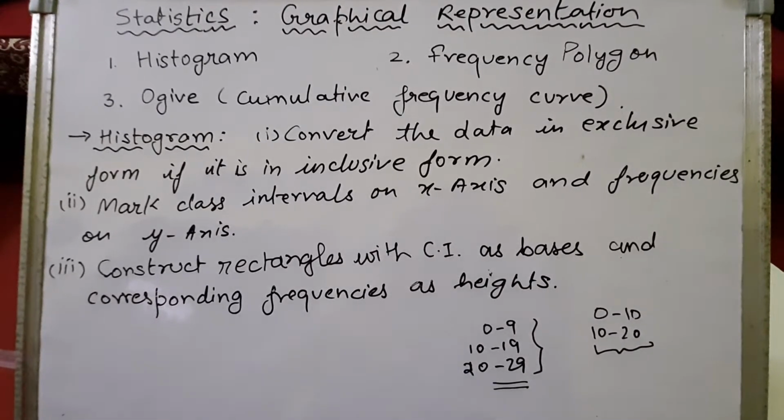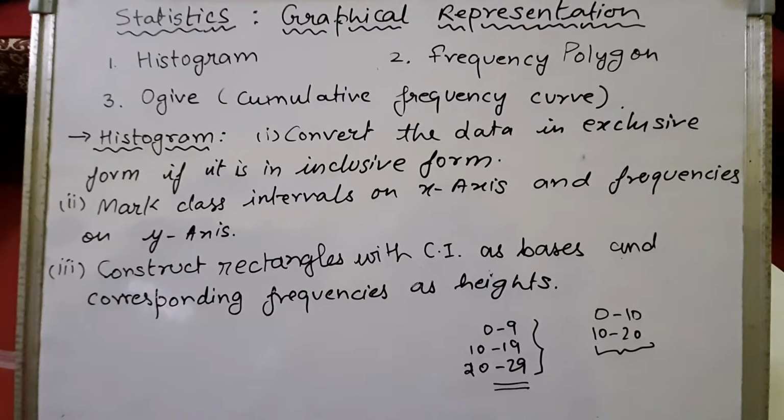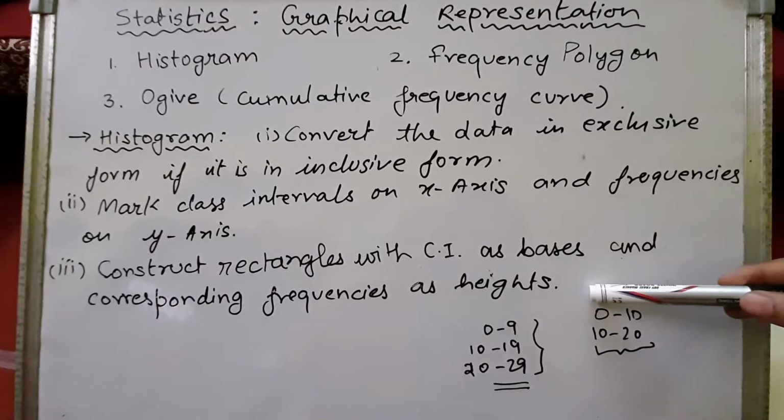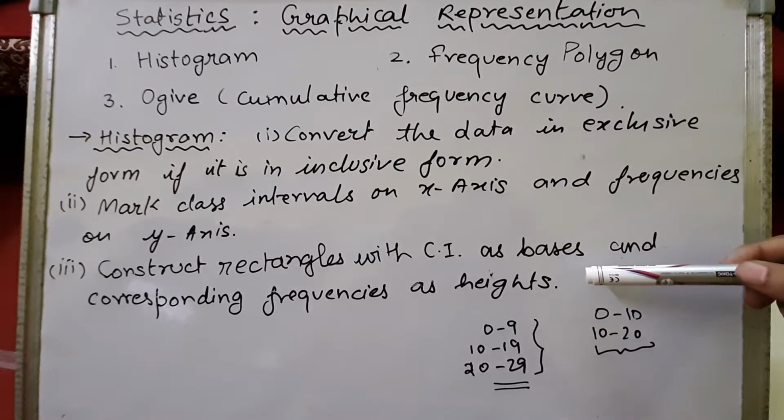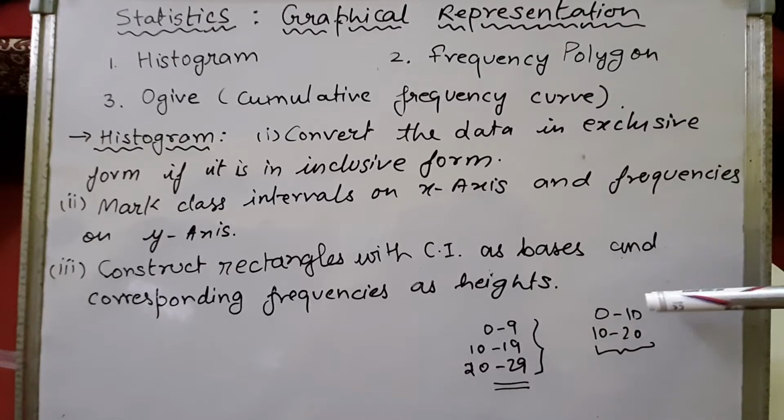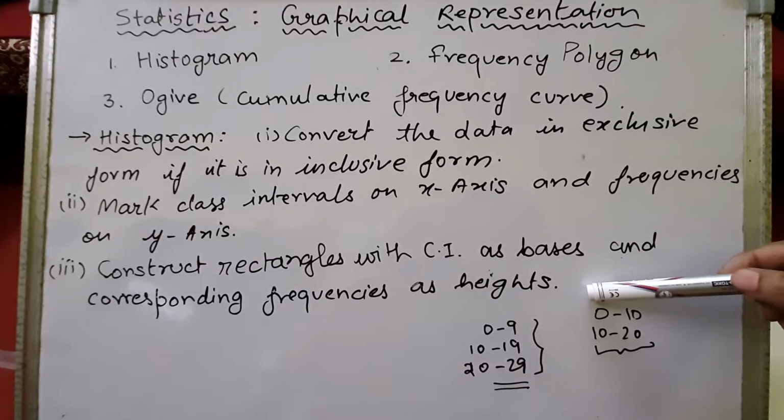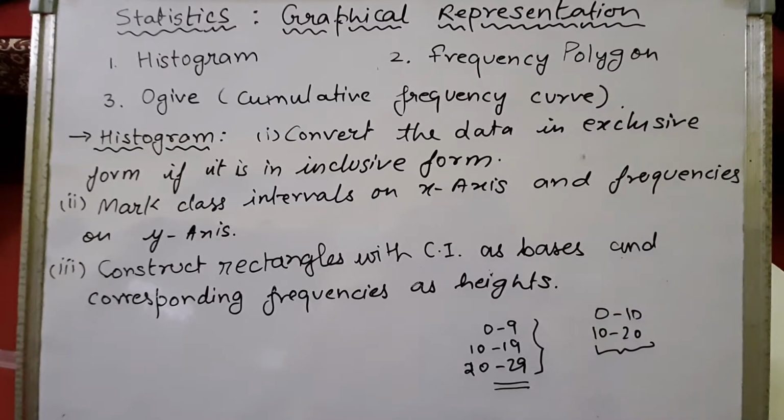We'll be constructing rectangles with class intervals as bases and corresponding frequencies as heights. We will draw the base along the x-axis and height along the y-axis. So frequencies will become the height of those rectangles and class intervals will become the bases of the rectangles. Note down this information, please.